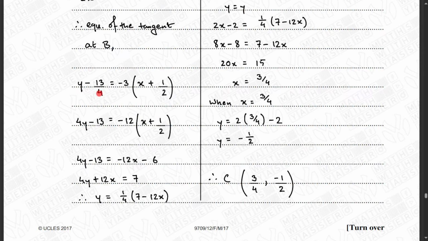So we cross multiplied 4 with minus 3, and while doing that we also made sure of multiplying 4 with y because there is no 4 in the denominator of y. So 4y minus 13 is equal to negative 12x minus 6. So 4y plus 12x is equal to 7. Therefore y is equal to 1/4 of 7 minus 12x.